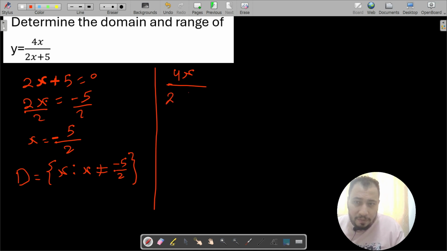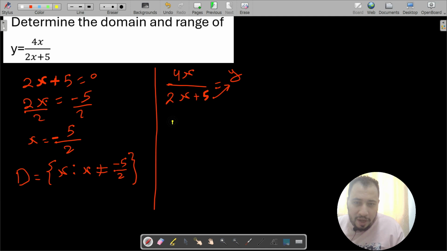So 2x plus 5 equals what? Equals y. To make x the subject here, I'm going to do cross multiplication. So what will we have?